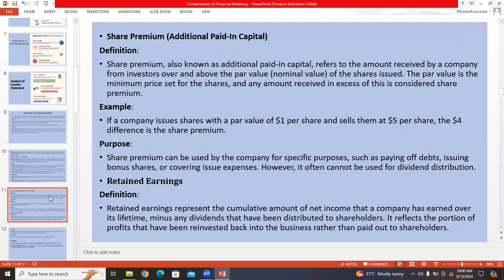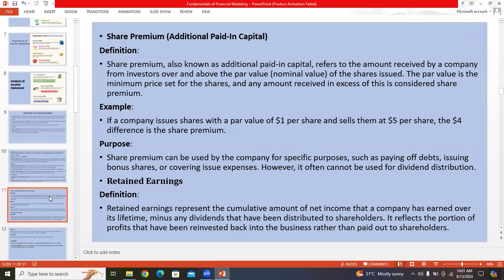You have the share premium. It's also called additional paid in capital. It refers to the amount received by a company from investors over and above the par value, the nominal value, of the shares issued. Now you have some further interesting words: par value, nominal value.